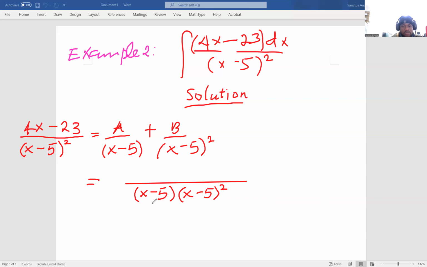X minus 5 divides this, we will have this, x minus 5 to the power 2. So we'll have A bracket x minus 5 to the power 2 plus B bracket x minus 5.